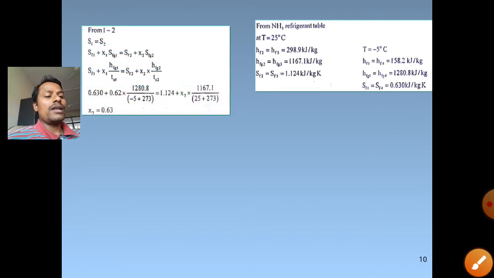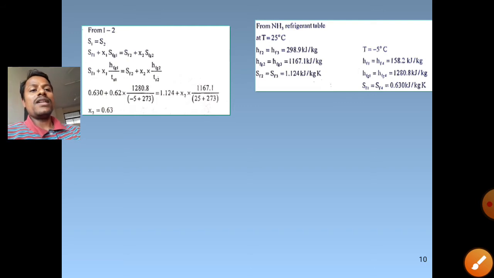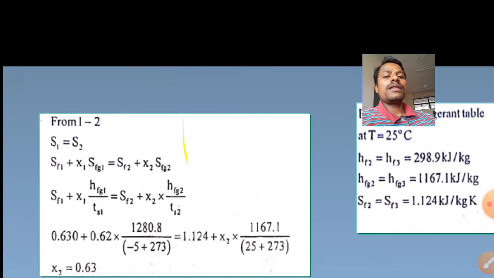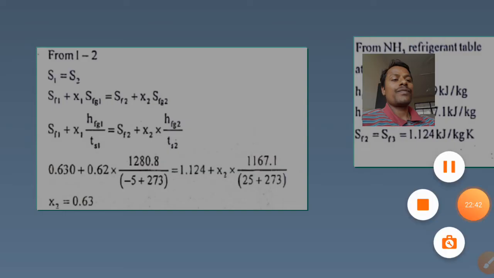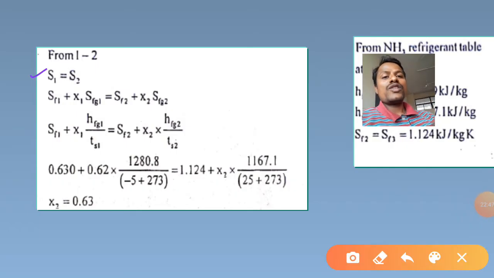Now as usual, we consider the process 1 to 2 and equate entropies, because 1 to 2 is an isentropic process. For S1, as it is in the wet condition, I can write S1 is equal to SF1 plus X1 SFG1, because state 1 is a wet refrigerant.